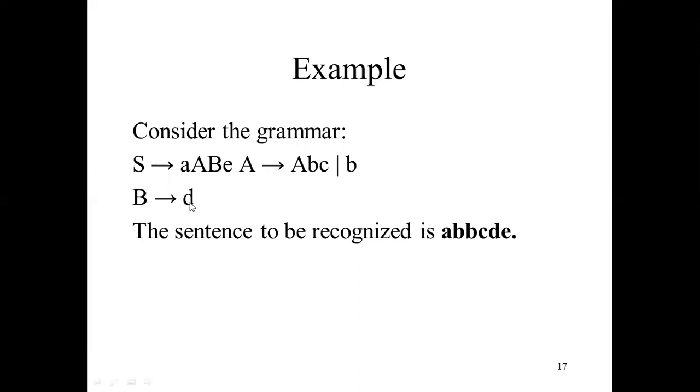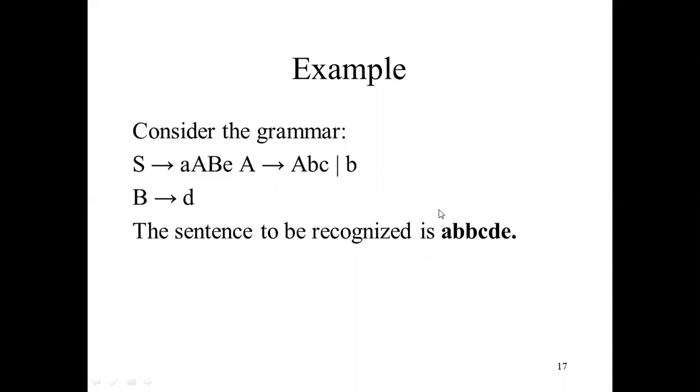Capital B, we can replace by D. The sentence to be recognized, we want this as an output: a, b, b, c, d, e. Now we have to settle this with the help of these two grammar rules. So we will approach in this way so that we are able to get this.